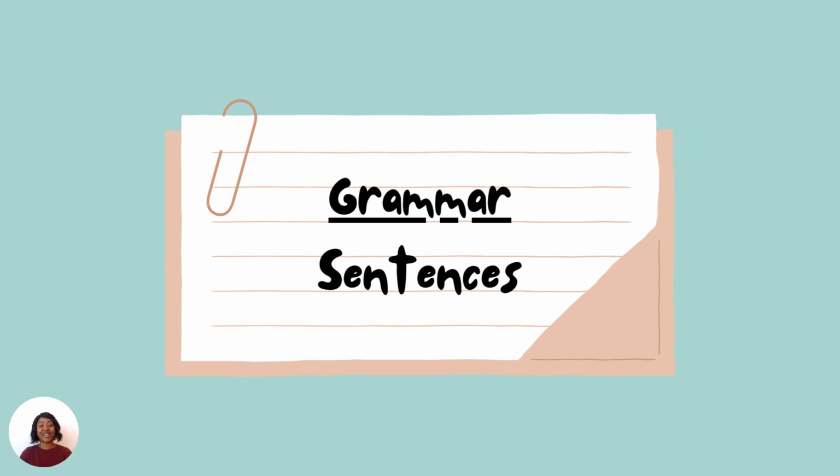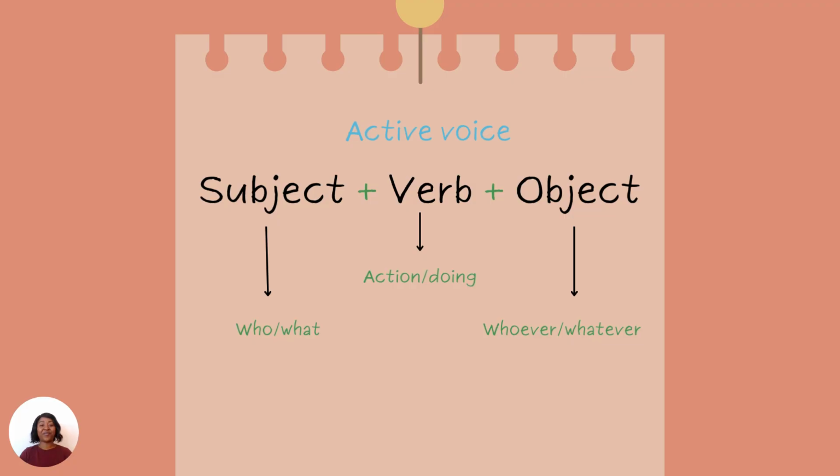So, today to start, I wanted us to start simple with our sentence structure. In English, we have our basic sentence structure, which in this case is usually called an active voice. An active voice contains a subject, a verb, and an object.